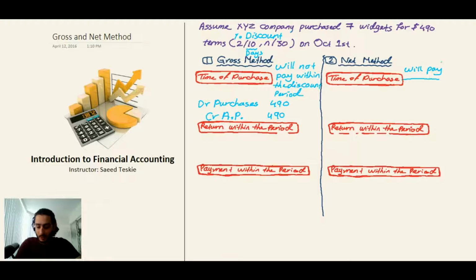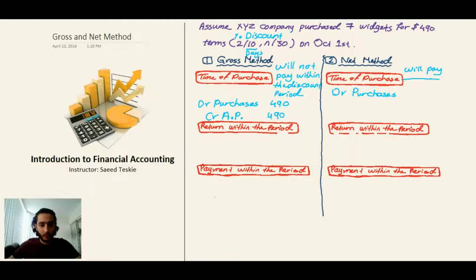Okay, but using the net method, what we will do is we will debit purchases with the amount minus the discount.